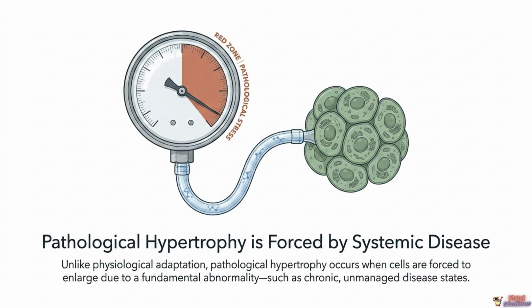And eventually, despite or even because of all that hypertrophic growth, the organ begins to fail. Pathological hypertrophy is simultaneously the cell's attempt to save itself and, paradoxically, one of the mechanisms by which it ultimately destroys itself. The most important clinical example of this, and the most heavily examined, is cardiac hypertrophy driven by hypertension.